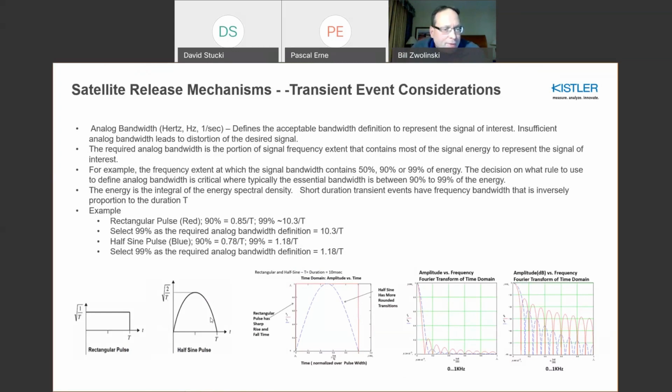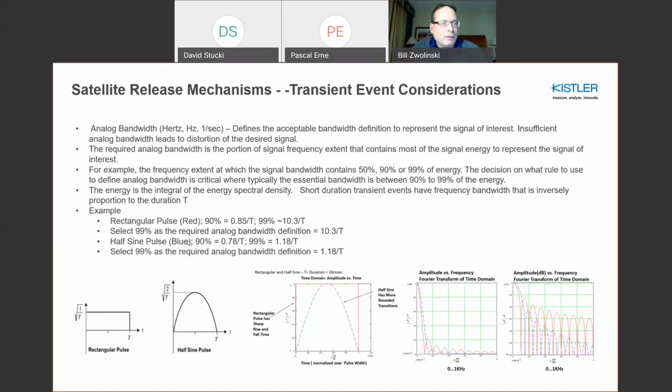If you have a rounded event, say a half sine event, versus a rectangular event, your frequency demands are going to be different. The sharp rectangular event is going to have much higher frequency content, whereas the rounded half sine event is going to have much lower frequency content.